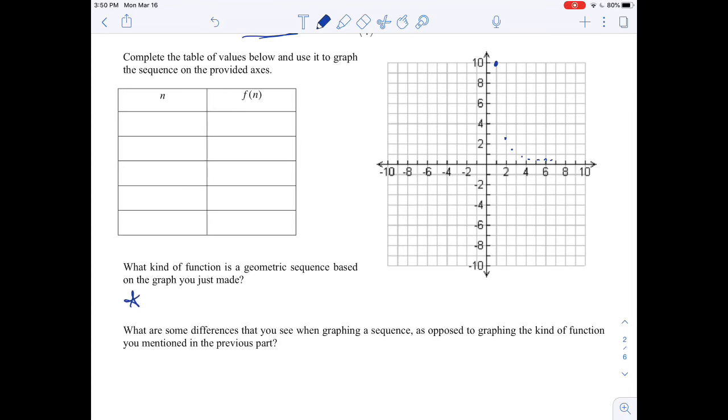But I will point out that this is really important, what you just found out, is that geometric sequences are exponential functions. Okay? So again, that's why they get really big really fast or really small really fast, depending on what your growth factor is like.